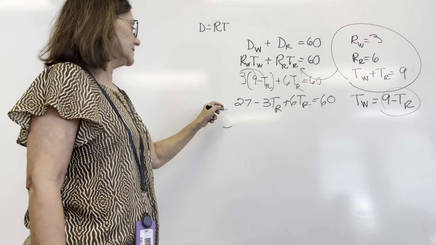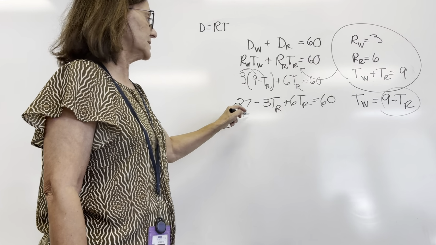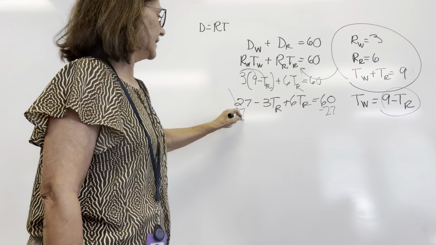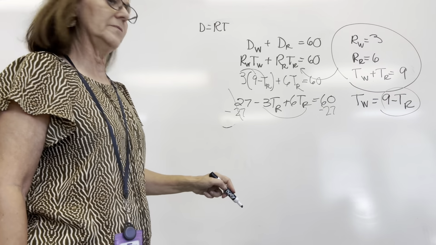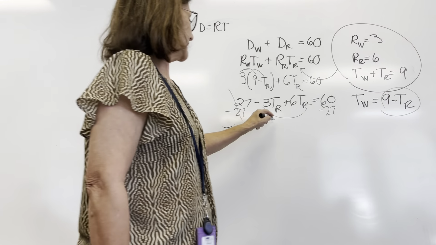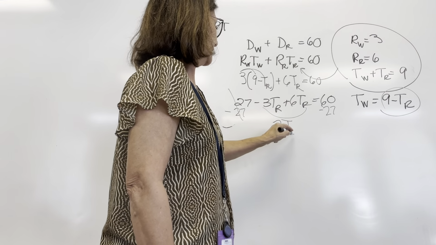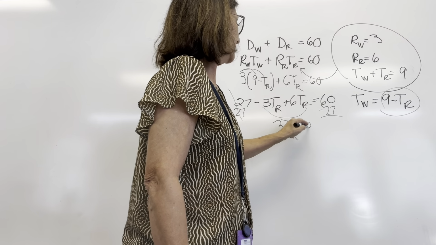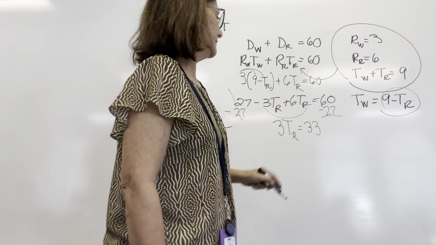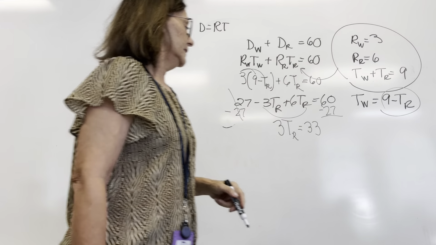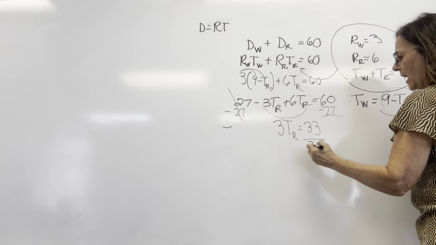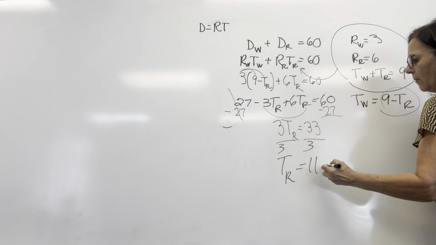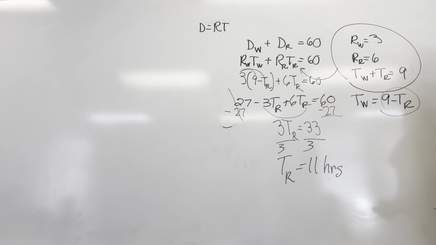I'll subtract the 27 from both sides and combine my like terms, which makes it 3TR equals 33. Dividing by 3 on both sides, the time that he rode was 11 hours.